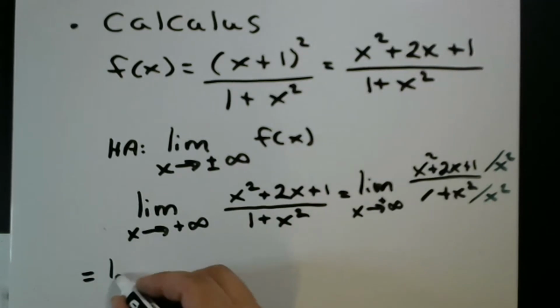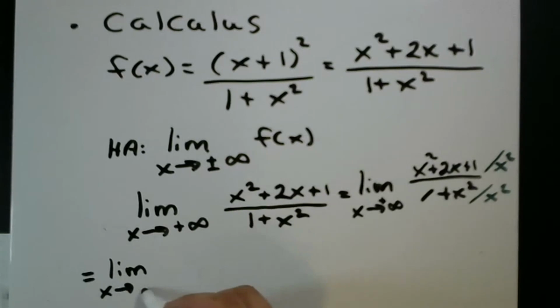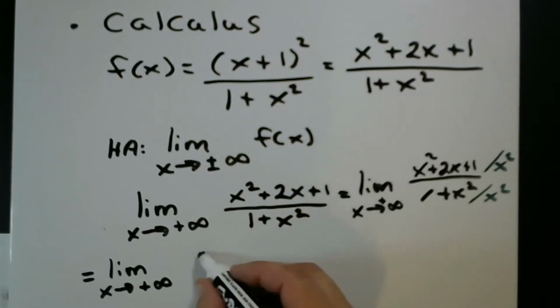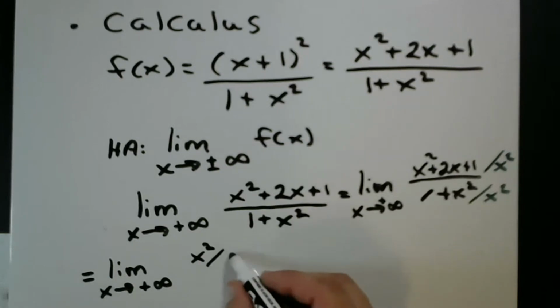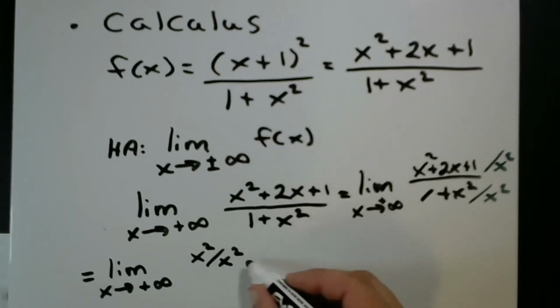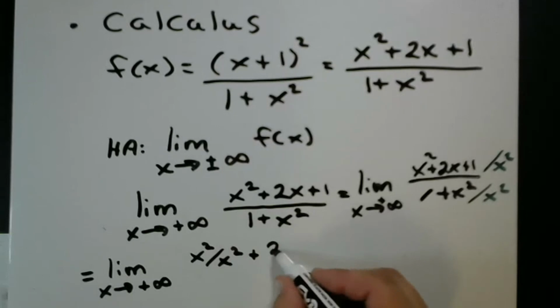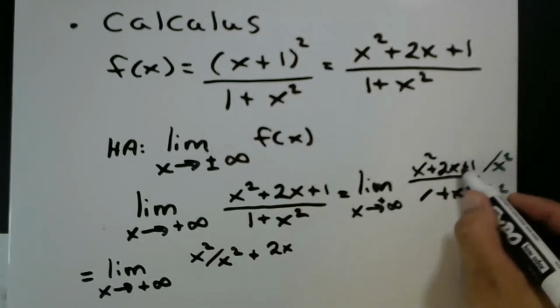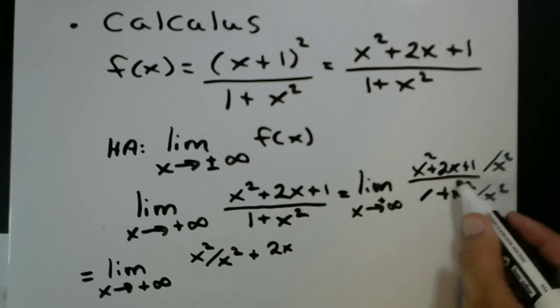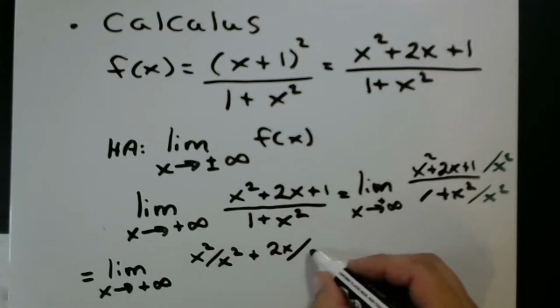So we'll get the limit as x approaches positive infinity of x squared over x squared plus 2x. And we're dividing the entire top by x squared, the entire bottom by x squared.